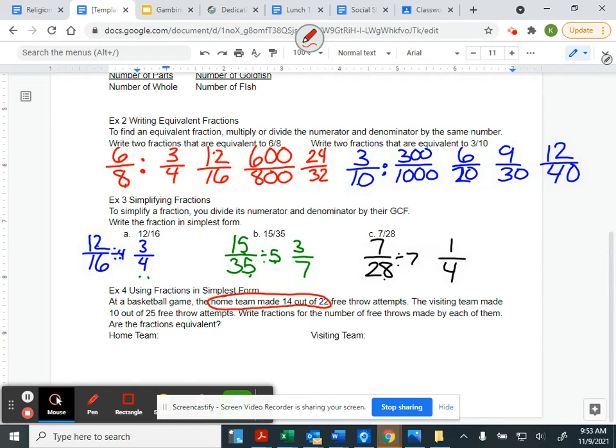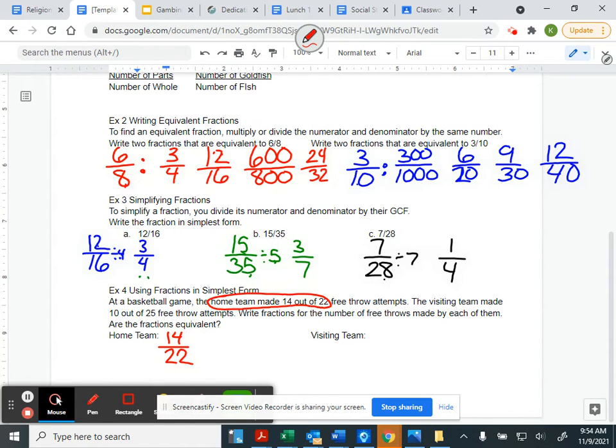How would I write that as a fraction? Tristan? 14 over 22. Remember, the numerator is how many you have. The denominator is the possible number. So there was 22 possible. They made 14, so it's 14 over 22.